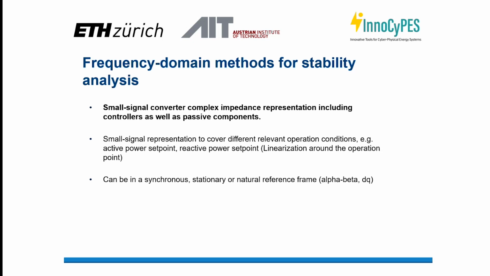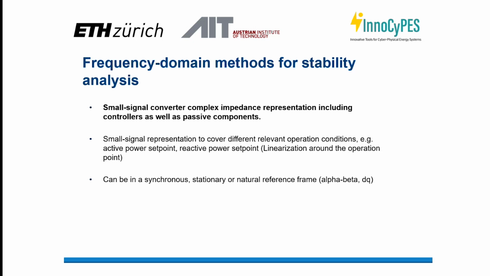Also, as I said in the previous session, it will be linearized, so we need to prove it for different linearization points of operation, and all of them should meet the conditions.